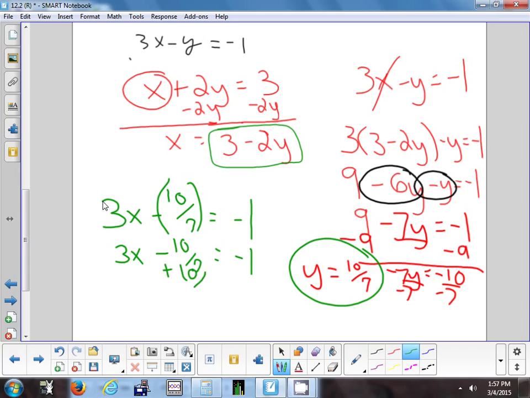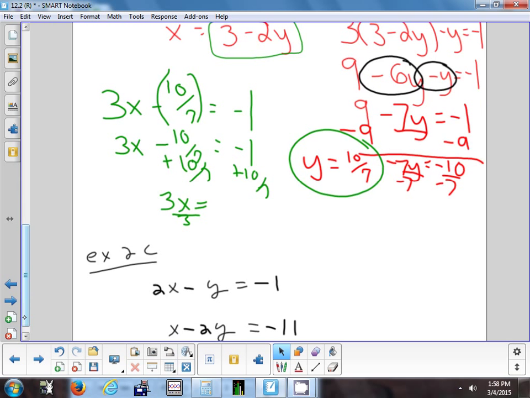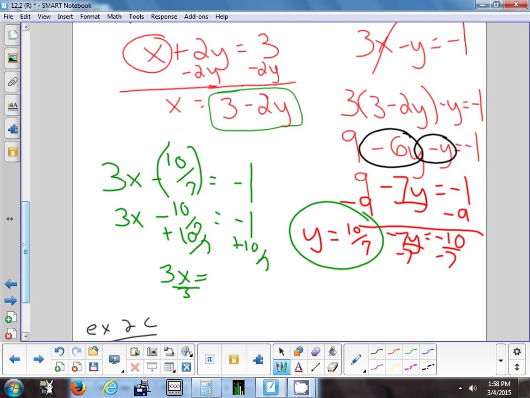Punch it over the fence. 3x equals, if we had a calculator, we could figure it out. Last step we would take is divide by 3. Mr. Hager knows how to use the calculator, he's better at that than me. I'm going to leave it as a fraction, because that's how the book did it.